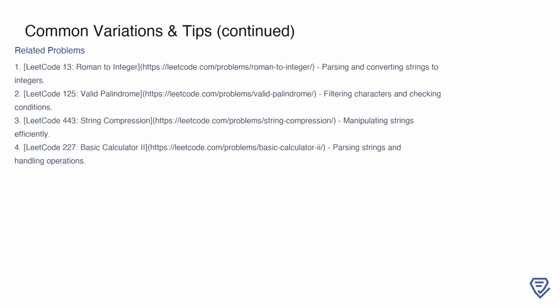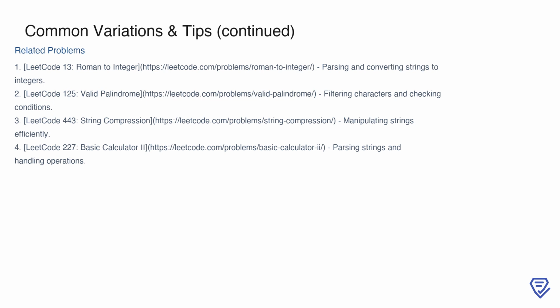This problem also shares similarities with several other problems on LeetCode, which can help strengthen your understanding of string manipulation. For example, in LeetCode 13, Roman to Integer, you'll practice parsing and converting strings into integers. LeetCode 125, Valid Palindrome, involves filtering characters and checking specific conditions, which is very relevant to this problem.